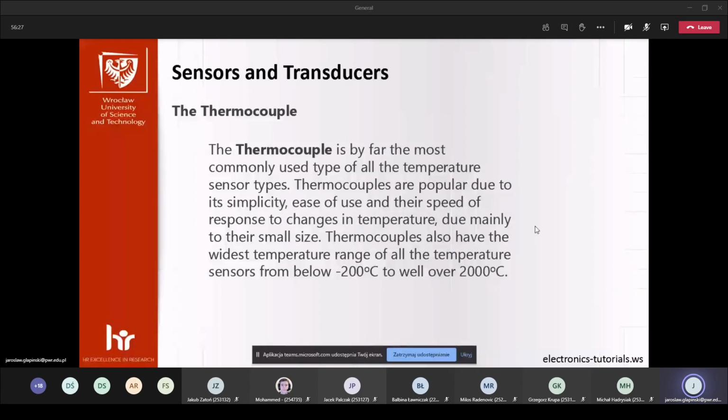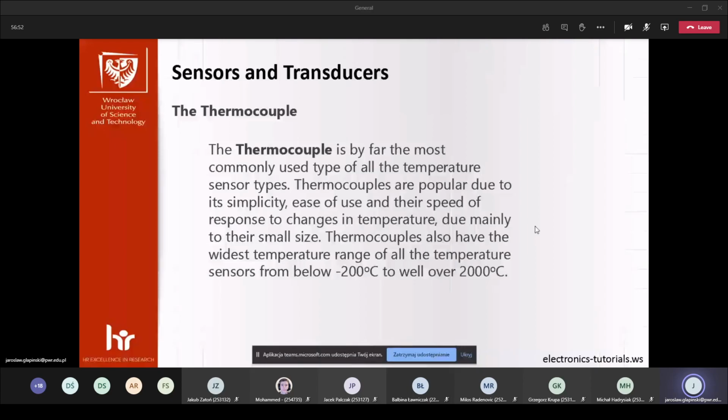And generally, the thermocouple is a passive element, so it generates energy, and we can use it in a wide range of temperatures, even below minus 200 Celsius degrees or over 2000 Celsius degrees or more.